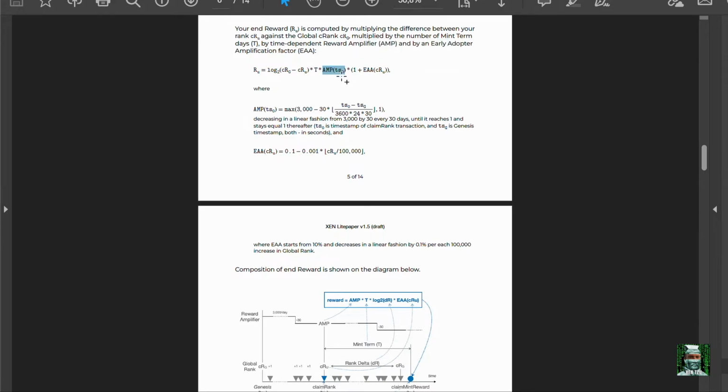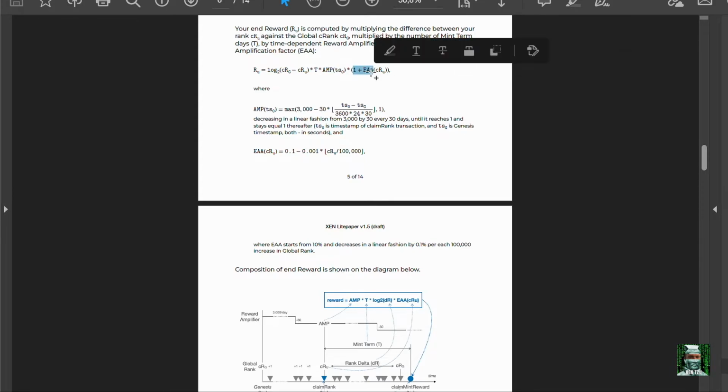So no matter how many people interact with the protocol, it doesn't really matter because it's based on time. The AMP doesn't care about how many people interact with the protocol, whereas the early adopter amplification factor does.